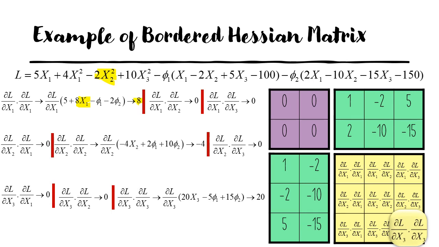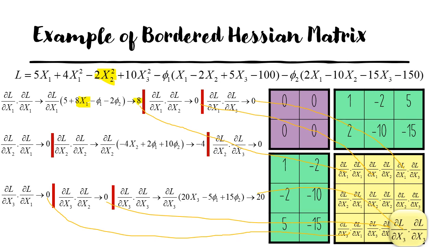So these values have to be entered. You can see 8 has to be entered here, 0 has to be entered in the next column, and similarly this has to be here. Similarly, when I consider the last row, 0 has to be here, this 0 has to be here, and this 20 has to be here.